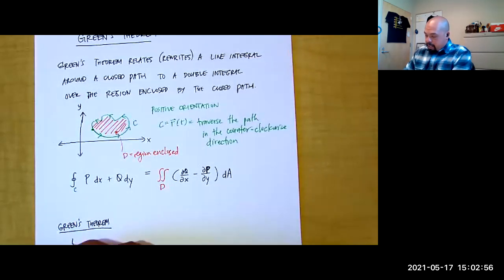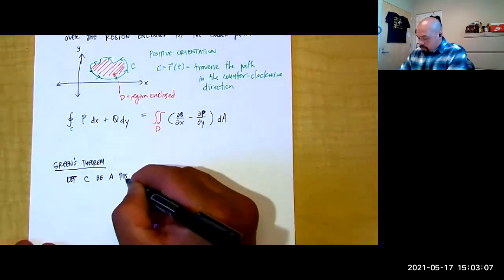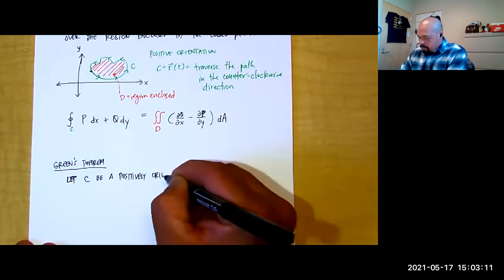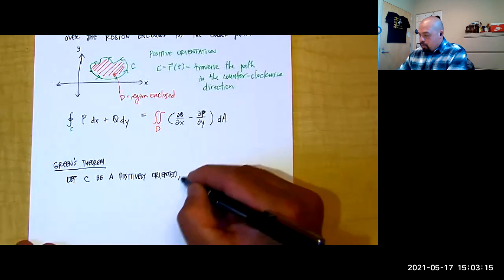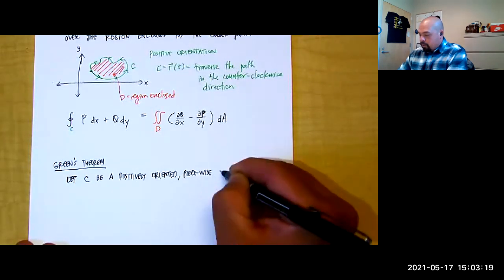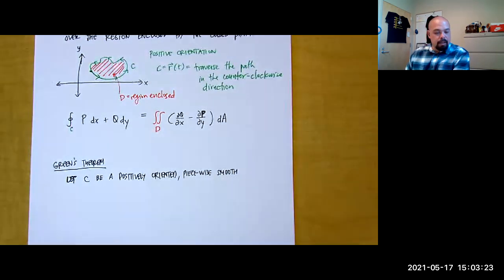Green's theorem says here, let C be a positively oriented, piecewise smooth, right? So for these different pieces, it's a smooth pair of continuous, no sharp turns.